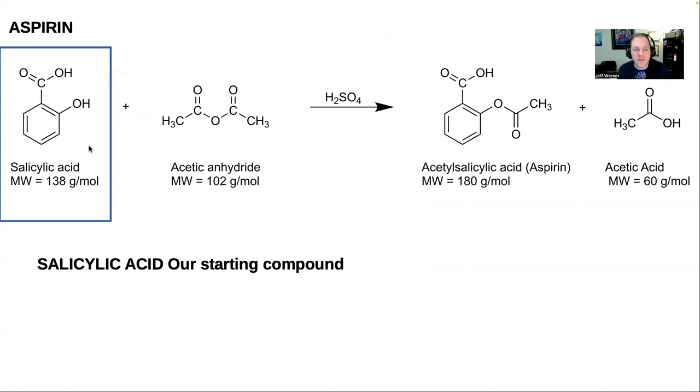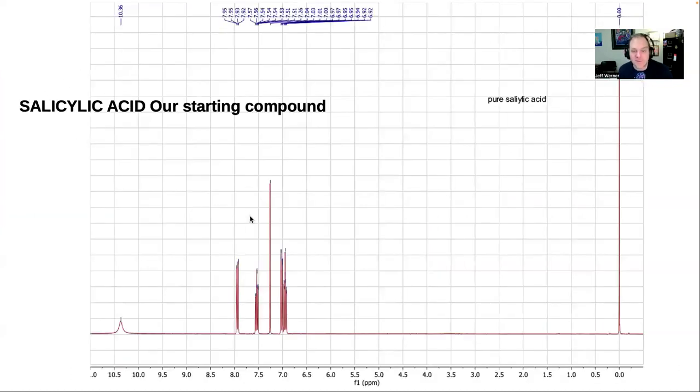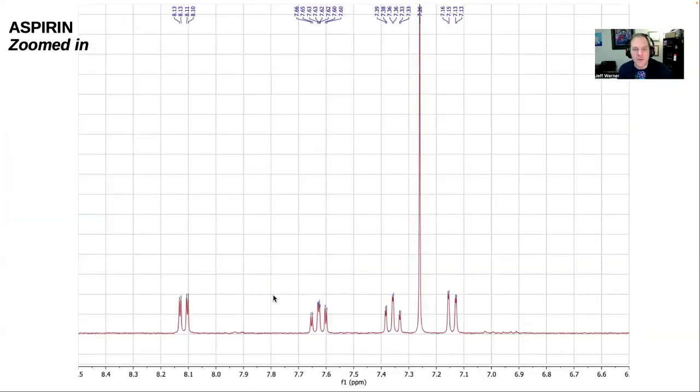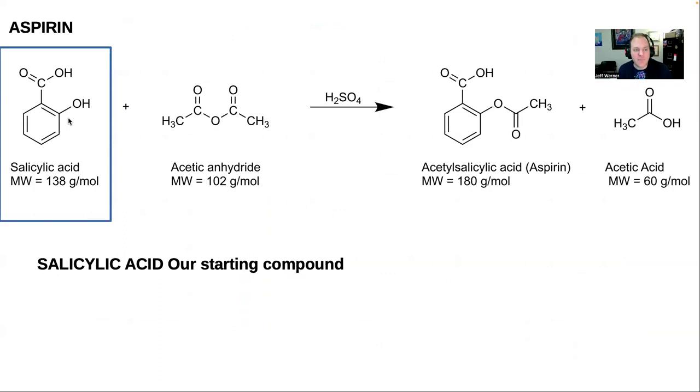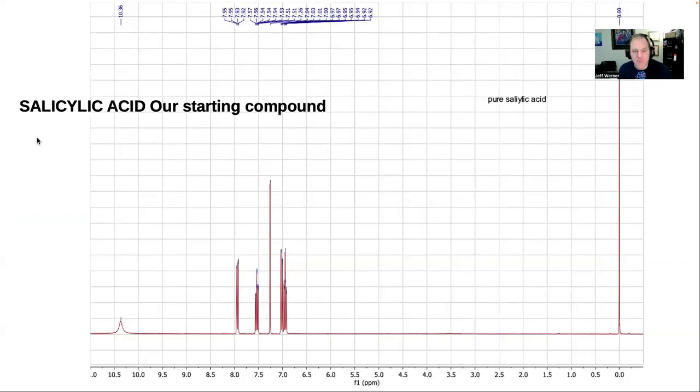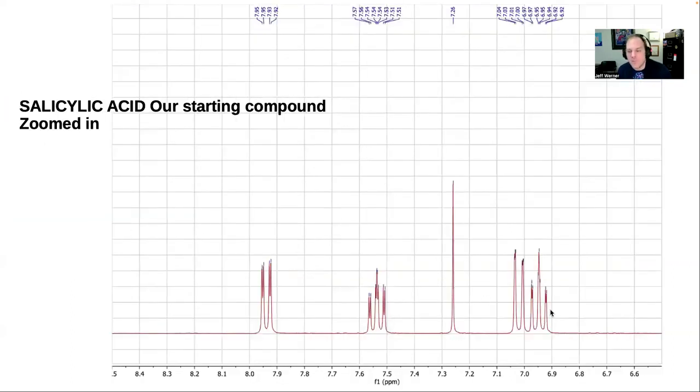So what does salicylic acid look like? If I take some salicylic acid straight out of the bottle, it looks like this. It looks different, right? There's something different going on here. Specifically, let's look at this pattern here. This is the downfield area associated with this aromatic ring, which is going to give us the most information to tell these apart. You can see that this pattern is different.